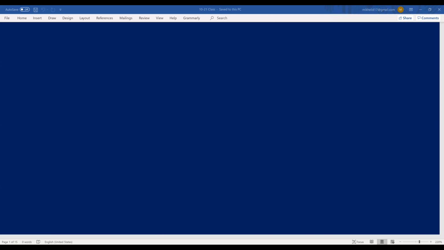Now let me go to chapter 5, and then copy one of the problems from this, and then I'll paste it in the blue screen, and then we start from there.